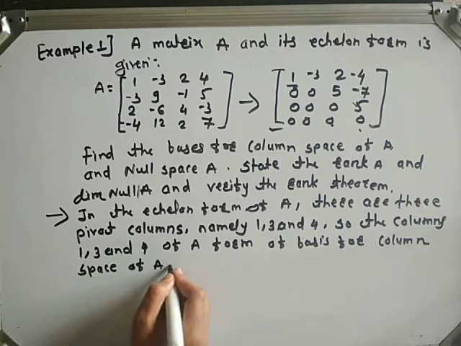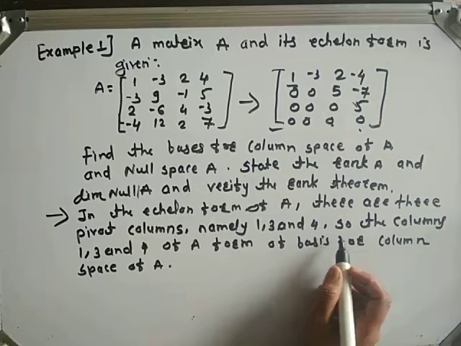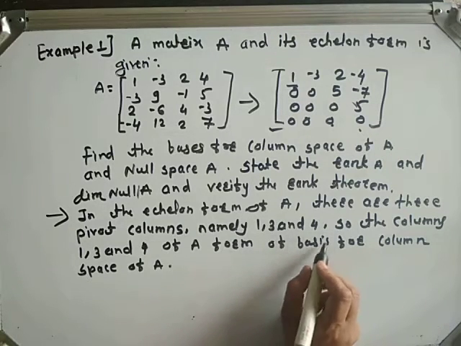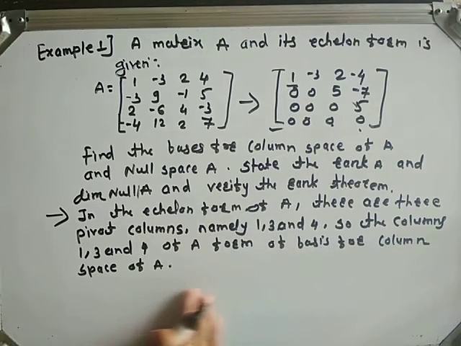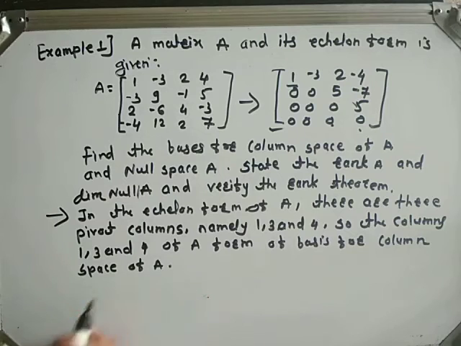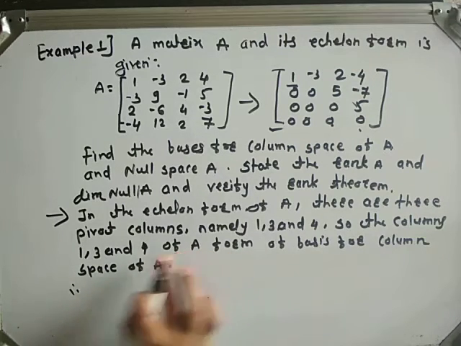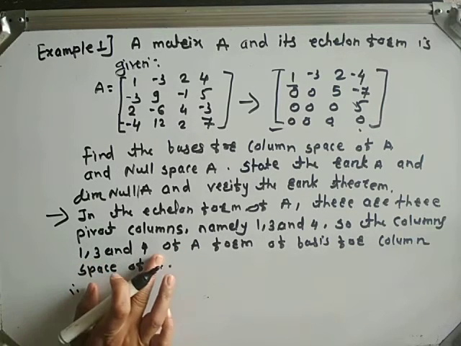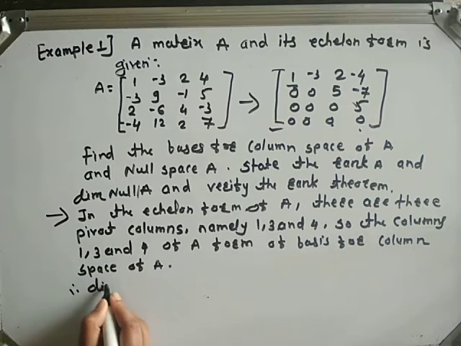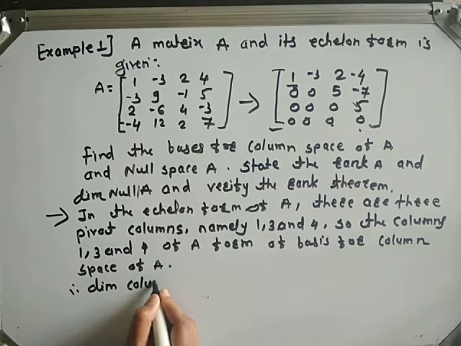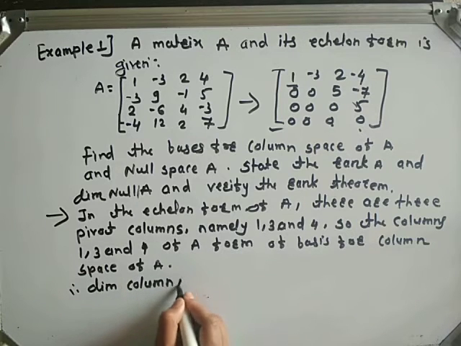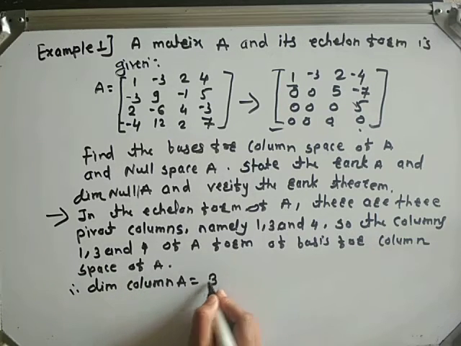In the previous video we have seen that pivot columns of a matrix form a basis for its column space. Therefore, in this basis there are 3 vectors. That's why the dimension of column space of A is equal to 3.